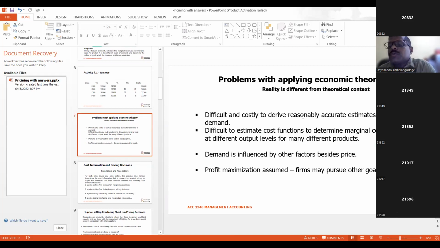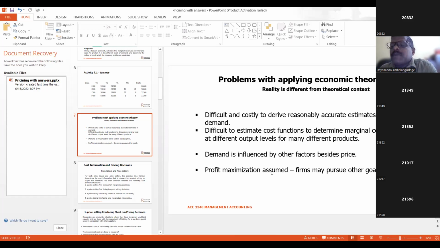It is very difficult, because you have to forecast the demand and cost function information. Demand is not only influenced by price, but by other factors like prices of commodities, substitutes, income, preferences. I think you can remember the assumptions you followed when learning demand theory. So that weakness is there.